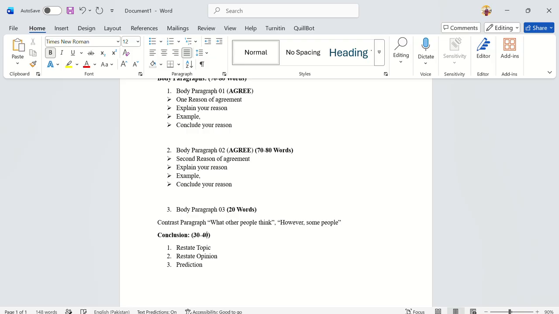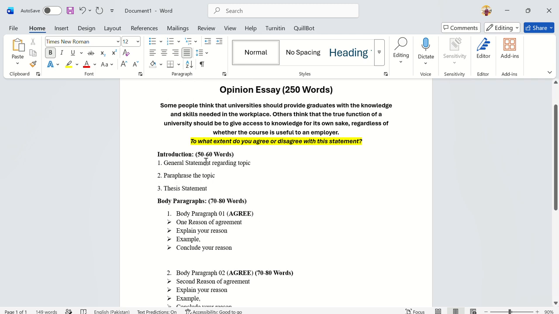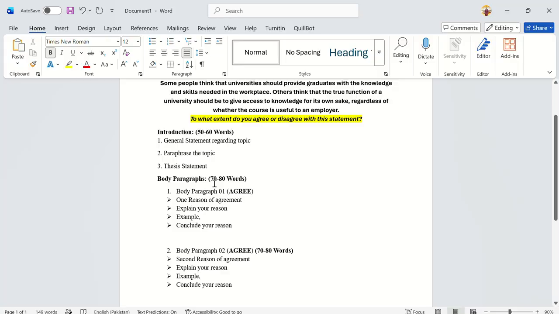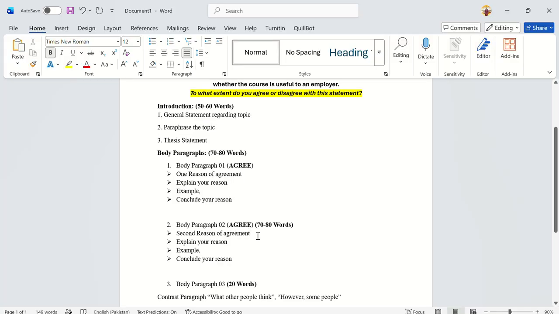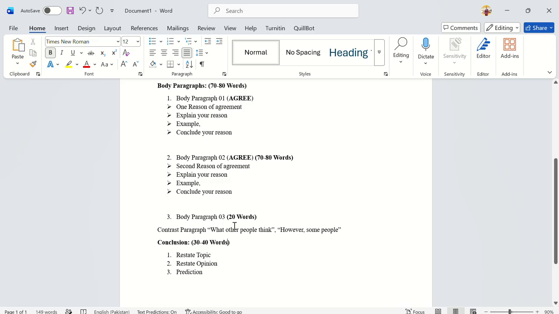30 words. So overall you can see here 50, then 70, 120, then again 70, 190, then 20. You can see here it becomes 210, and then 30 it becomes 240.